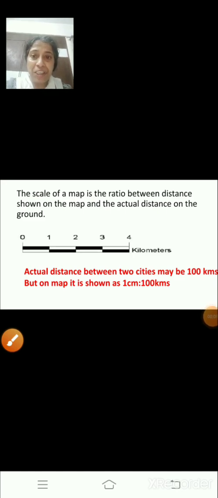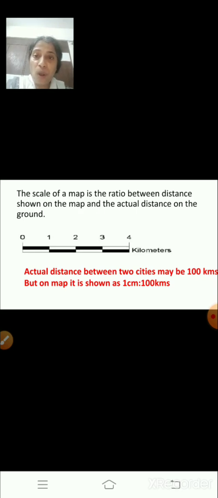Next is scale. A map rarely shows the actual distances between places. Here, distances are shrunk so that the area being mapped can be shown on a piece of paper.